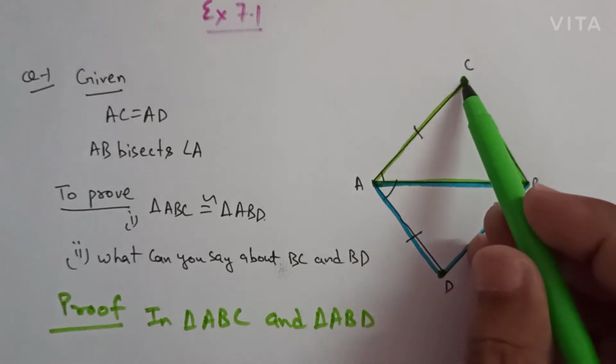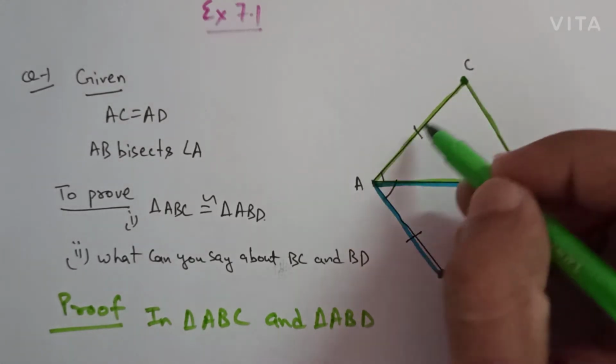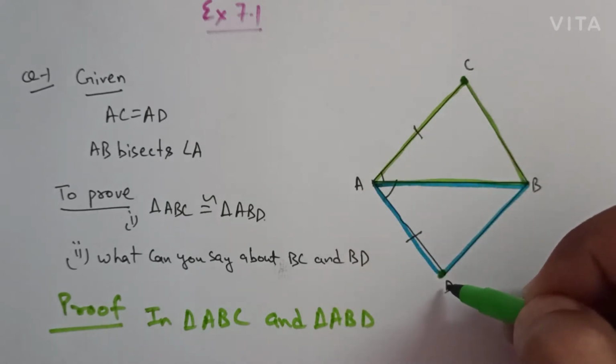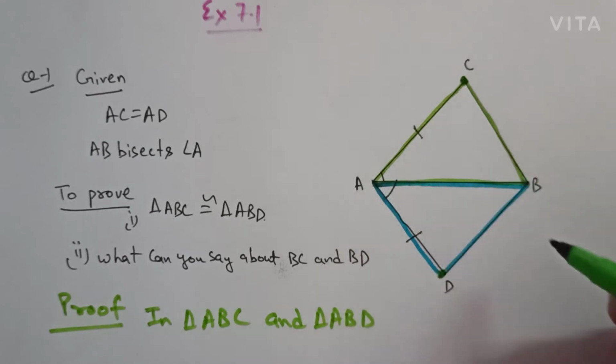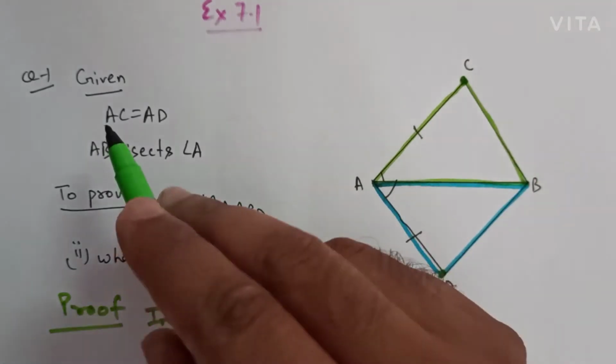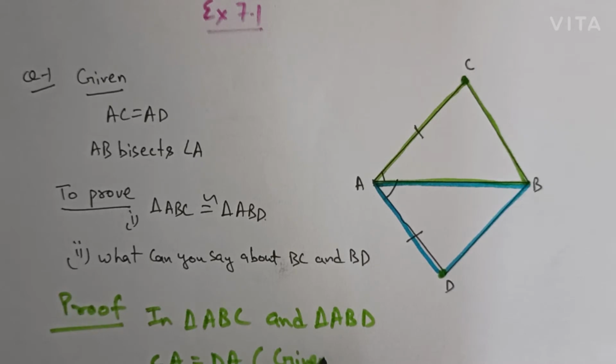So from C, if we move towards A, so CA is equal to DA. CA of triangle ABC is equal to DA of triangle ABD. It is given AC equals to AD. So I can write CA is equal to DA. It is given. You can also write AC equals to AD. Same thing.